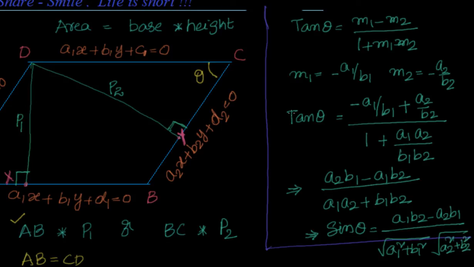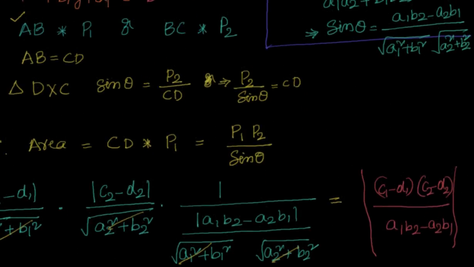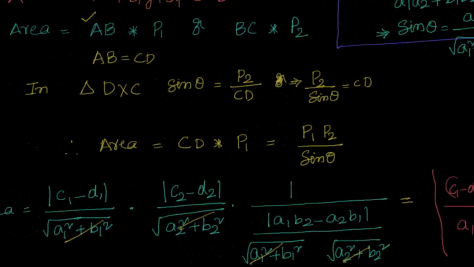Once we know tan theta, you can easily find out sin theta, because you can draw the right triangle, keep the values, and find out what sin theta is. So that sin theta value we have substituted here. Let me just summarize how we got this. Very interesting.